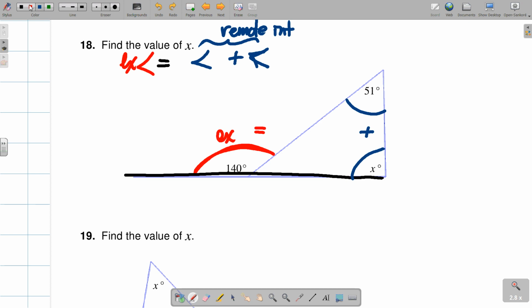So in this case, if we were to solve for x here, that exterior angle is 140. That's going to equal that 51 plus x. Now simply solve the equation.